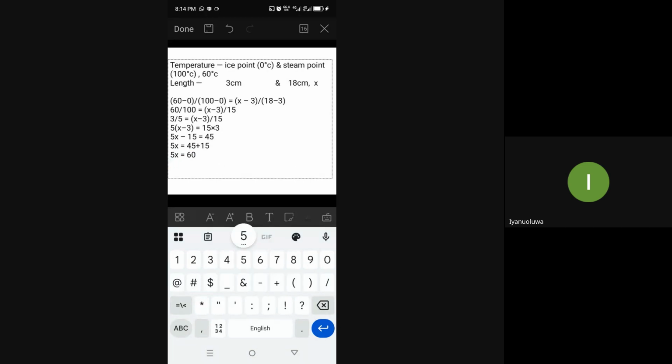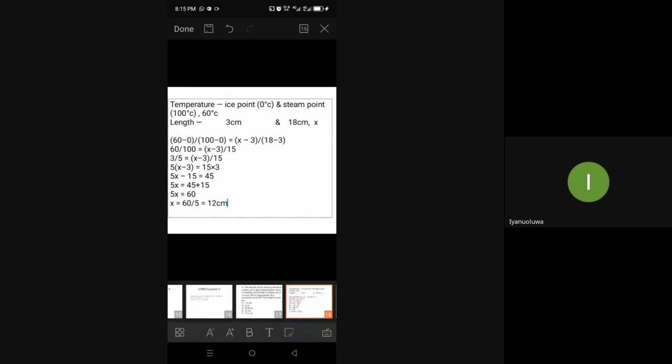So divide both sides by 5. I'm going to have x is equal to 60 over 5, which is 12 centimeters. So when the temperature is 60 degrees Celsius, the height of the liquid, that is mercury, in the thermometer is 12 centimeters. Yes, ask me your question.